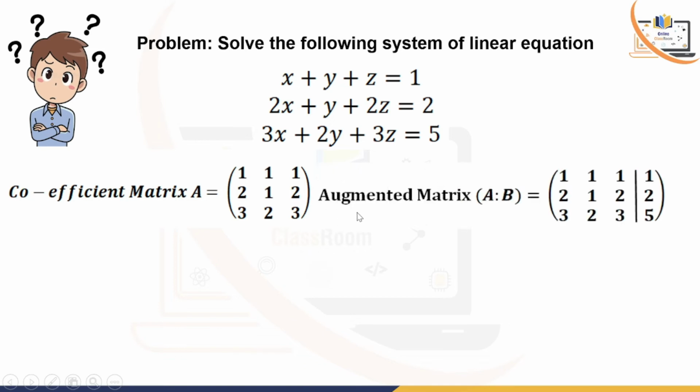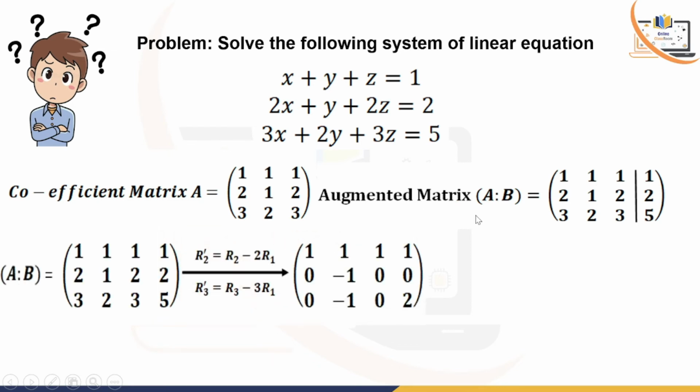Now, for the augmented matrix, first write the coefficient matrix, and after that just add the fourth column, that is 1 2 5. This is the fourth column as the constants. So this is the augmented matrix. Now we will perform some operations on the augmented matrix so that we can find the rank.